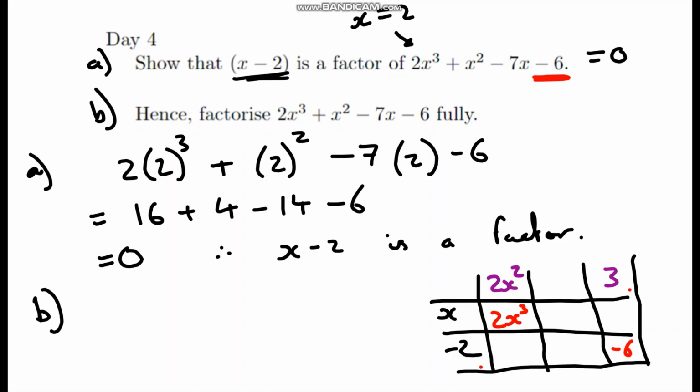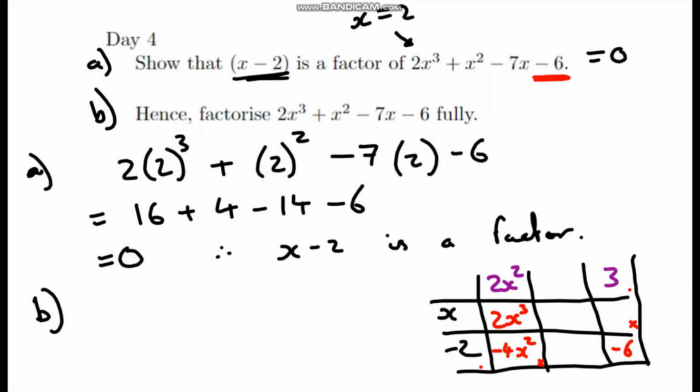Now, our next thing we can do is start to fill in some of these other boxes that we don't know. So this one here is going to be negative 2 times by 2x squared. So negative 2 times 2 is negative 4, then we've got the x squared.